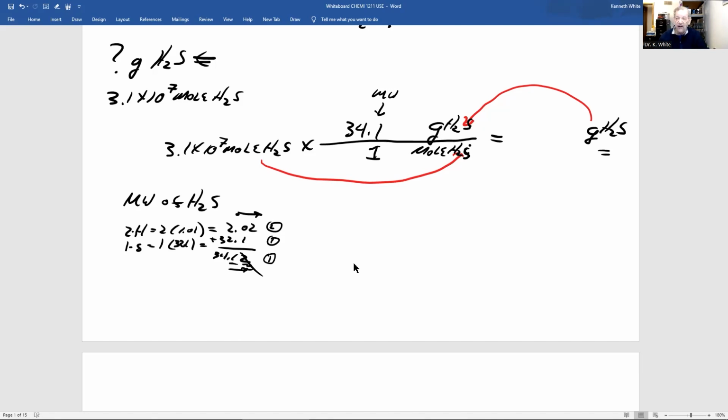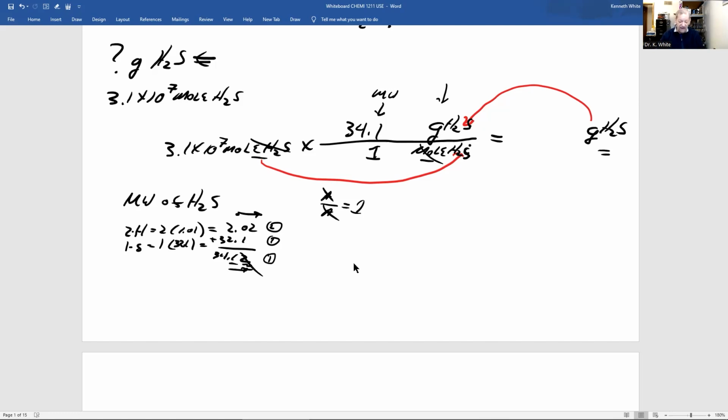Now, before I pick up my calculator, I said before, left hand: moles divided by moles. Remember, anything divided by itself equals the number 1. That cancels out. That cancels out. What units am I left with? Grams of hydrogen sulfide, which is what I want.